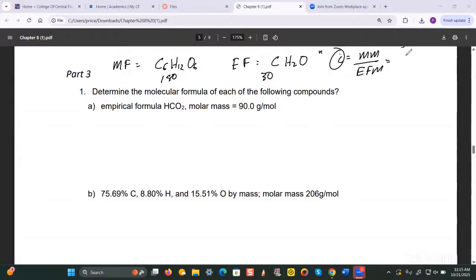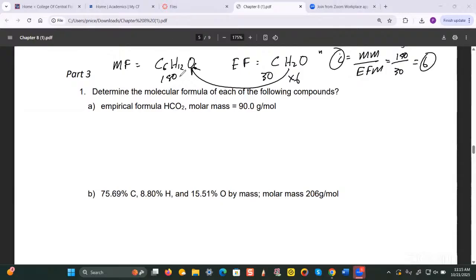So in the case of glucose, the integral factor will be 180 divided by 30, and that will give you 6, right? So the integral factor is 6. So therefore, let's say you did not know what the molecular formula is, but you knew what the empirical formula is, and you knew what the integral factor is. Then to get from here to here, we simply multiply each of the subscripts here by 6, right? And that's how you get the molecular formula from the empirical formula, right? You're going to need the integral factor, right?